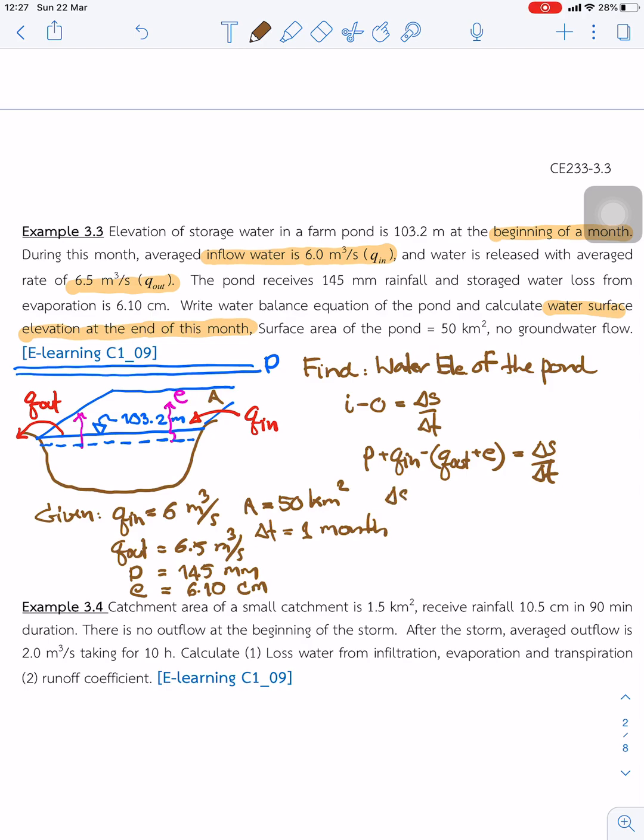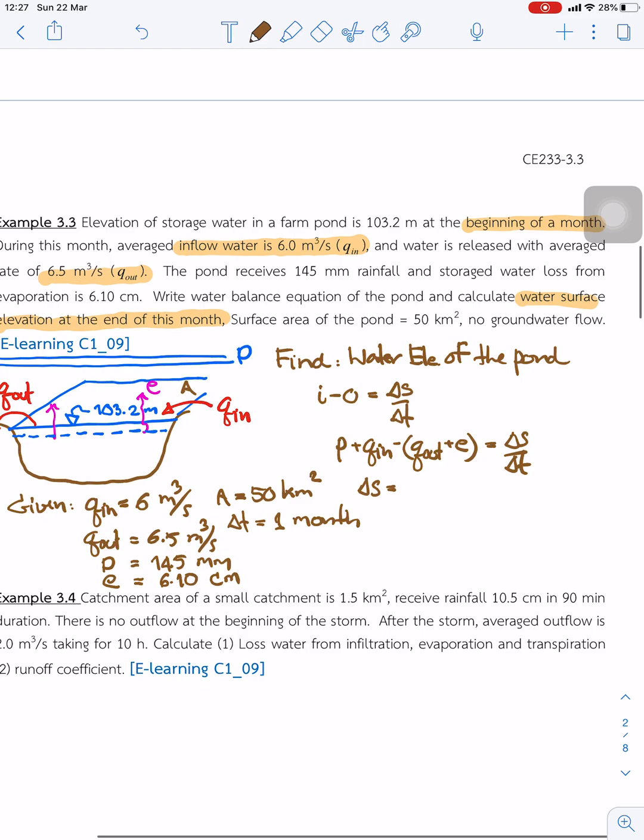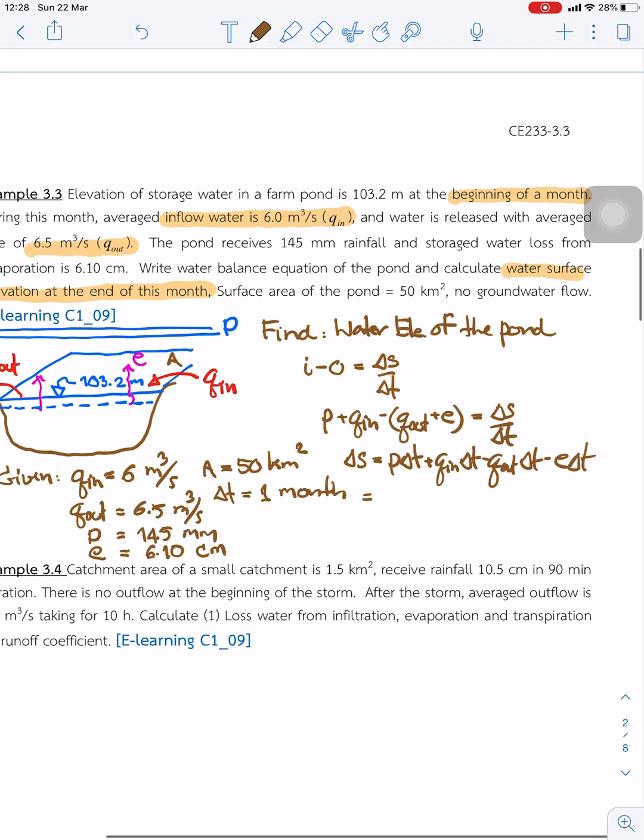So we can rearrange this equation to get the delta S, the unknown that we want to know, and delta P. Okay, next we can substitute the numbers here for P, given 555 millimeter per month.